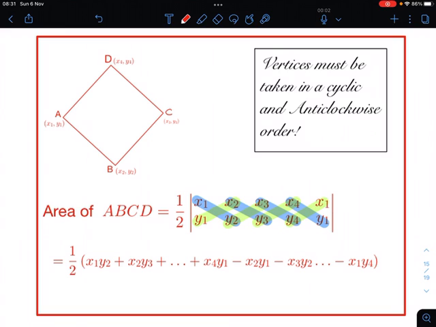Okay, I just add on this additional part to revise with you. Do take note if you want to use the formula for the polygon, the vertices must be taken in a cyclic and anti-clockwise order.